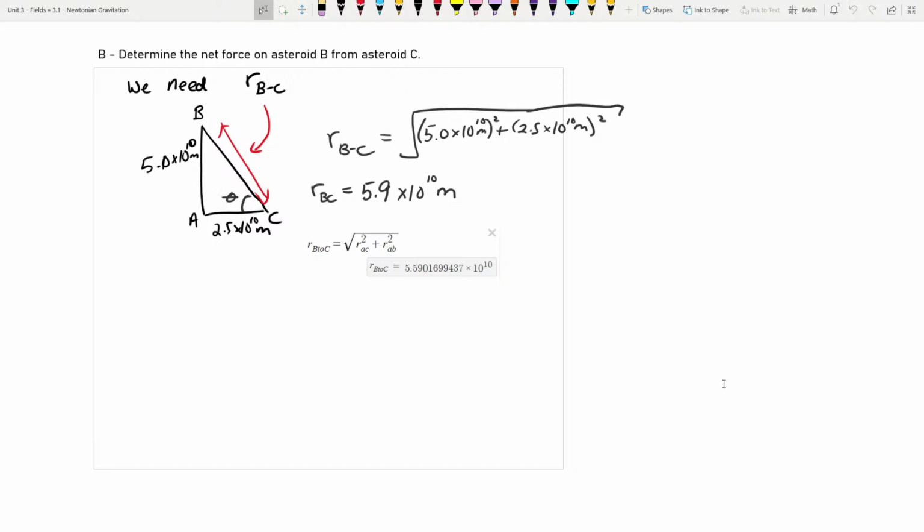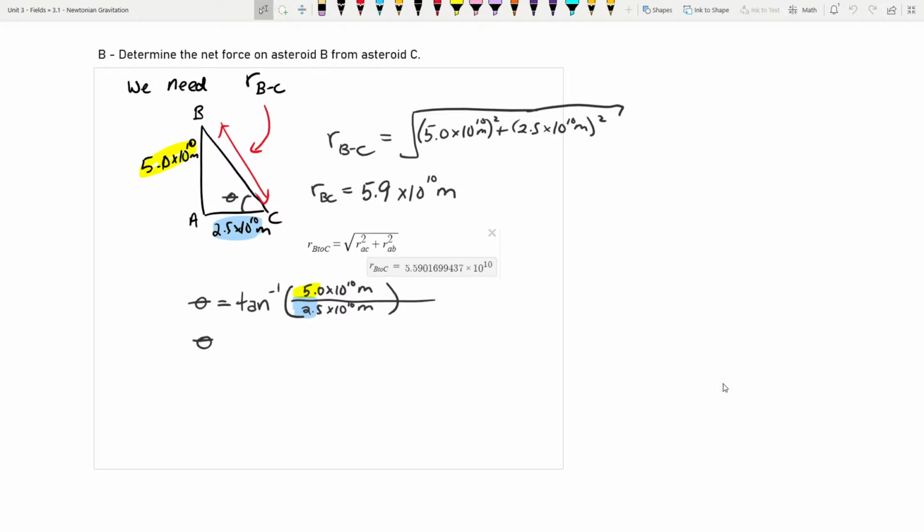So we'll call that theta. And we can say theta is going to be the tan inverse of opposite over adjacent, so 5.0 times 10 to the 10 meters divided by 2.5 times 10 to the 10 meters. So we're doing the arctan of 2 really, but that's okay.